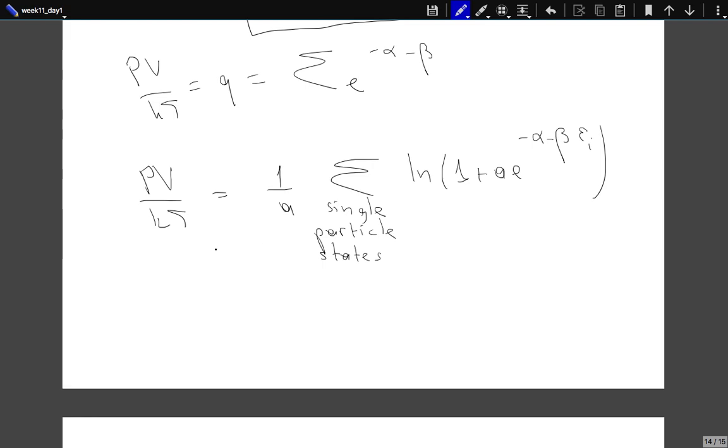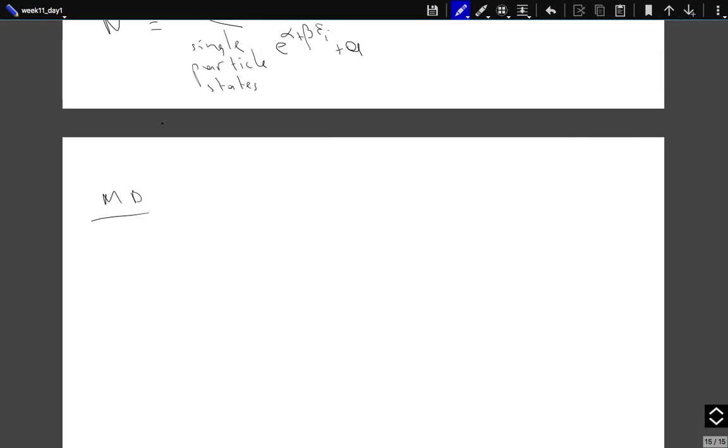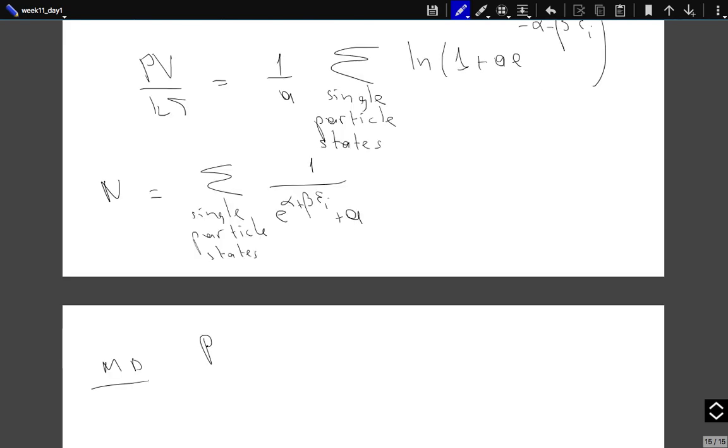Okay, so now, what else do we know? What is N? N was the sum over single particle states of 1 over e to the power alpha plus beta epsilon I plus A. Now for Maxwell-Boltzmann, let's specialize for simplicity, PV over KT, again A goes to 0.